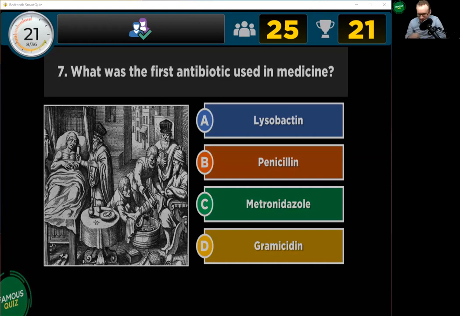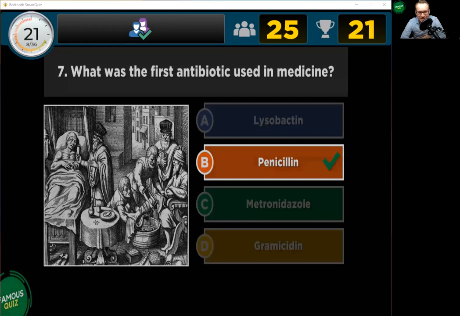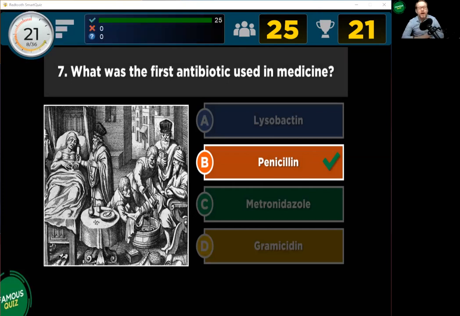Let's see. Penicillin. Yes, that's penicillin. That's the oldest antibiotic in the world. How many correct answers? 25. No mistakes. Next time I'm not going to choose 80%, straight away 90%. So this was easy.